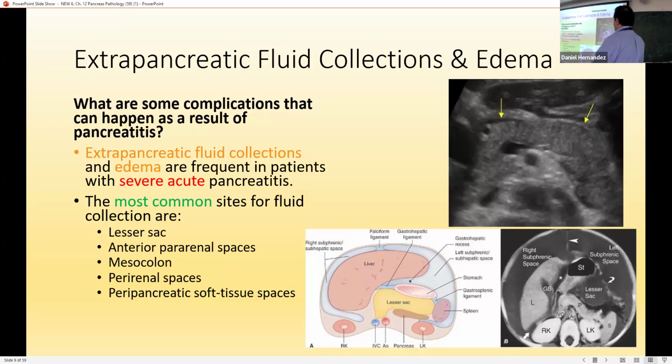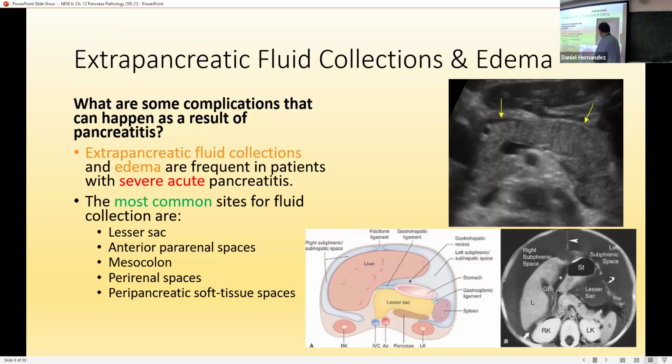Some of the complications: extrapancreatic collections and edema are frequent in patients with severe acute pancreatitis. Common sites for fluid collection are the lesser sac, the anterior pararenal spaces, the mesocolon, and the perirenal spaces. This was showing some of that relational anatomy. This is the lesser sac. Here we can see the stomach.